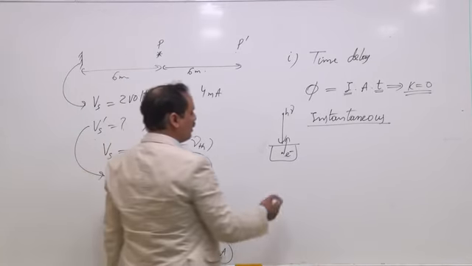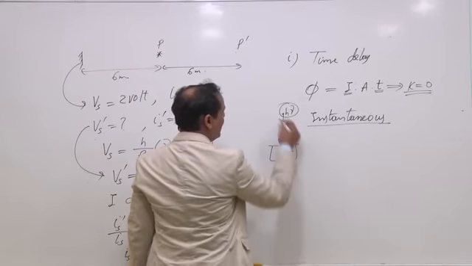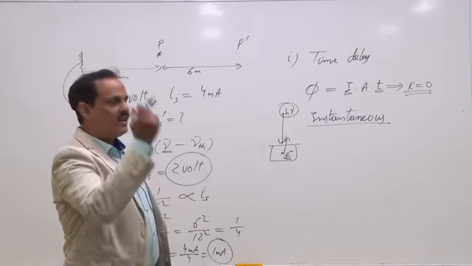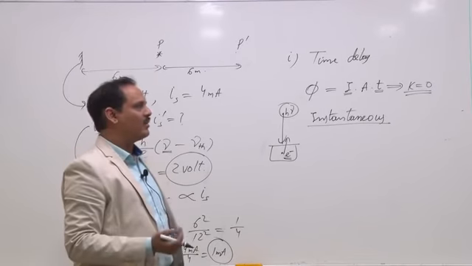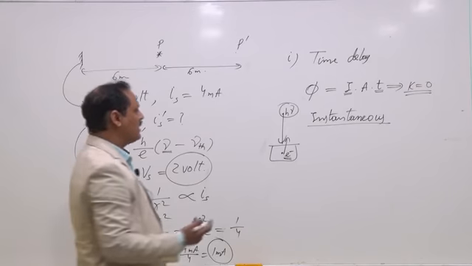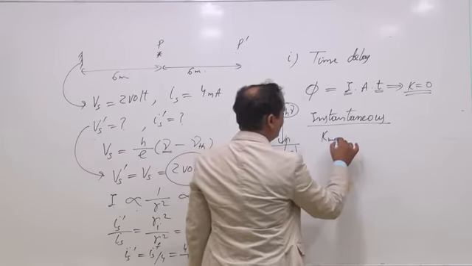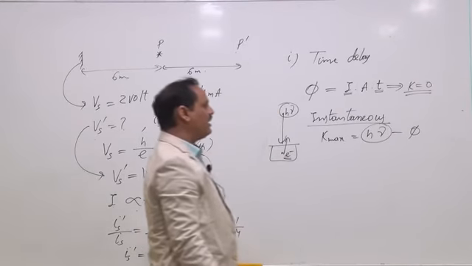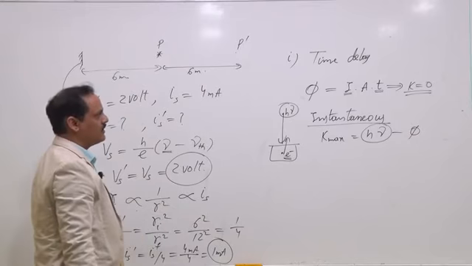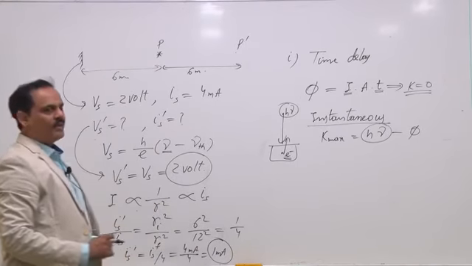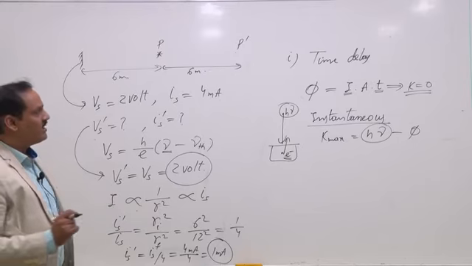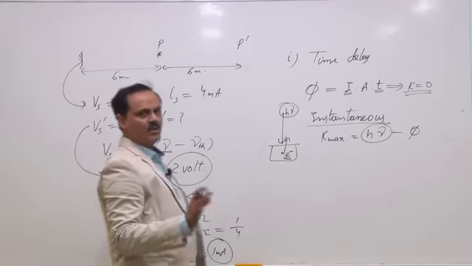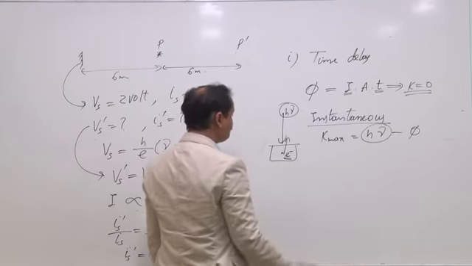It is possible only when the electron absorbs the entire energy as a packet. If the packet of energy is more, the energy of the emitted electron will also be more. So we have seen that K max is equal to h nu minus phi. If this h nu is higher, the electron will have higher kinetic energy. So there is a problem of time delay which could not be explained by wave nature, as according to wave nature the process cannot be instantaneous.